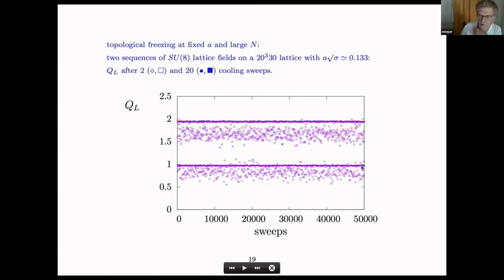These are the solid points you get after 20 cooling sweeps. After 2 cooling sweeps, you get these values. If I start with topological charge 2, it remains fixed over this 50,000 sweeps. In fact, it will remain fixed over 500,000, even 5 million sweeps at this value of beta.